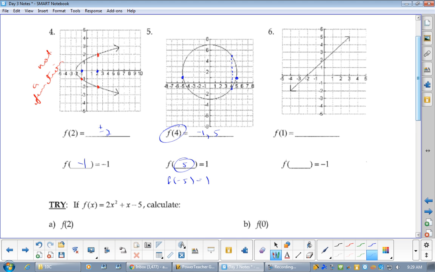Easy to ask this kind of question, right? You got to have all of your bearings to be able to do this one. f of 1 equals 3. f of what equals negative 1? Negative 3.